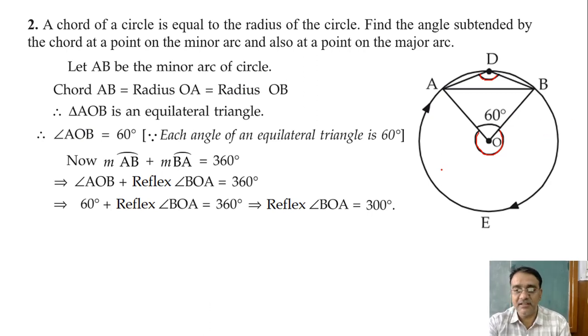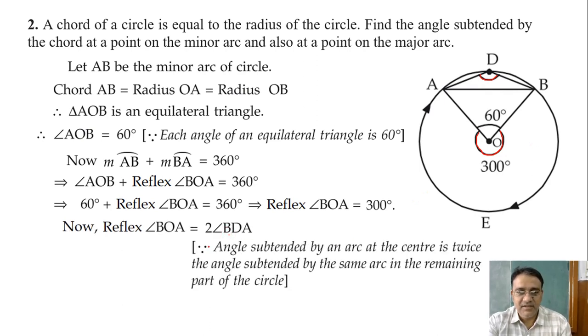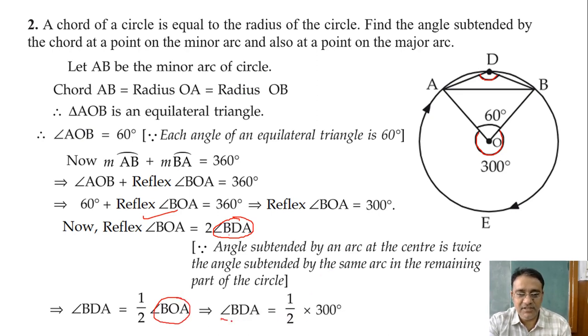You must remember that statement exactly, okay? So now angle BDA will be half of this angle, and this angle is equal to 300 degree. So what is the value of this angle? 150 degree, right? Okay, fine. So we got this value for the point on the minor arc.